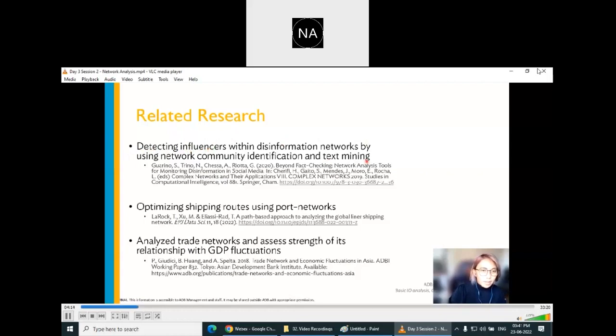Another example of network application is on social media. For the first one, what they did here was to apply text mining in order to arrive at network data and then look for communities within their network and identify the influencers. So it's similar to the language network where they tried to find the center of the network and they tried to see if those sub-networks are spreading disinformation.